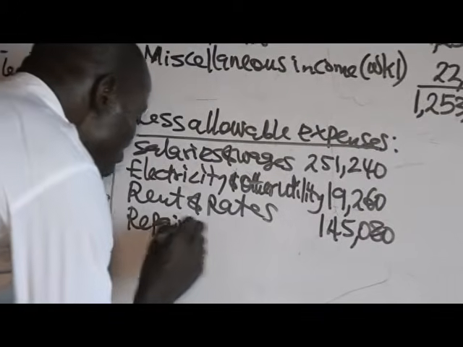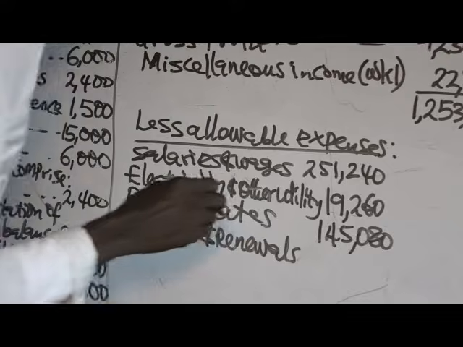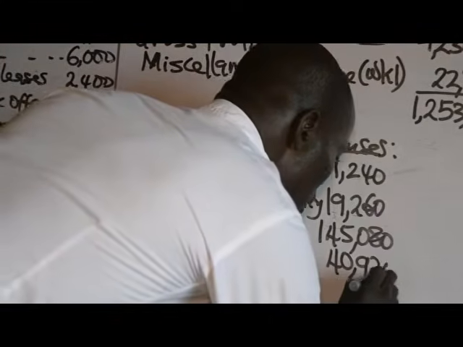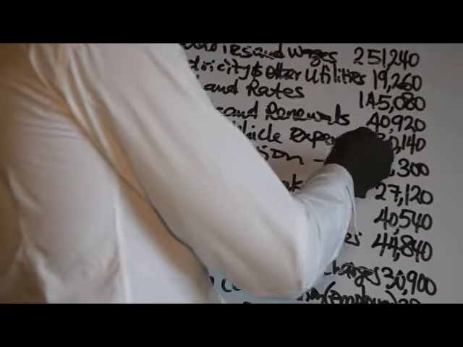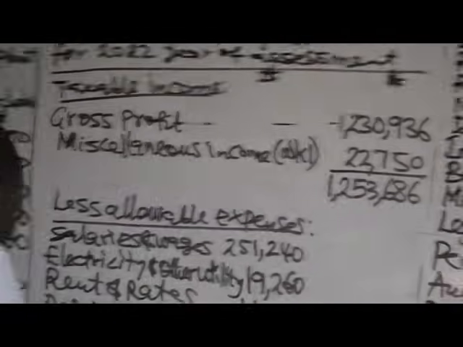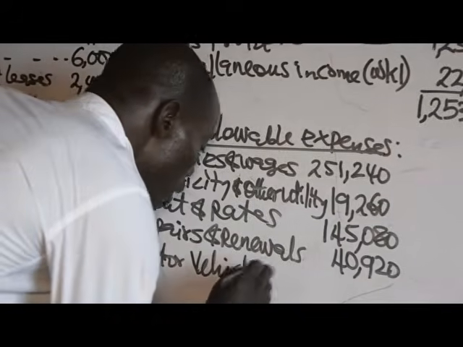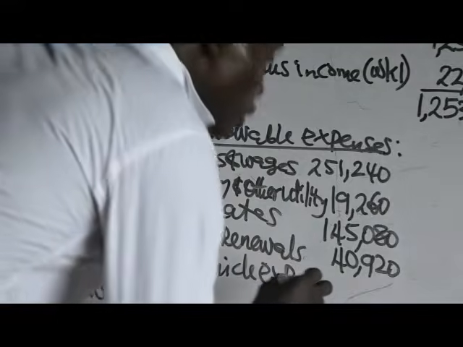Repairs and renewals of 40,920. Then we also have motor vehicle expenses. It's a revenue item and it's allowable. 130,140. Motor vehicle expenses, 130,140.